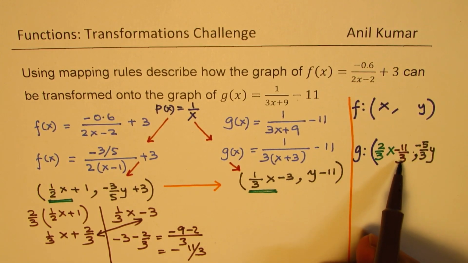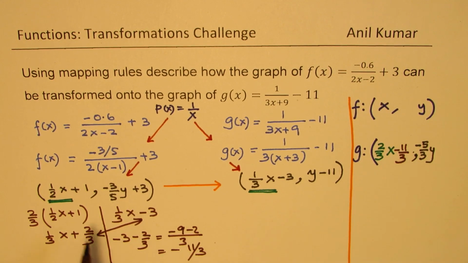So do you understand how we got the translation part? We equated the stretches to be the same and then compared the translations, and we got our result. Is that clear to you?